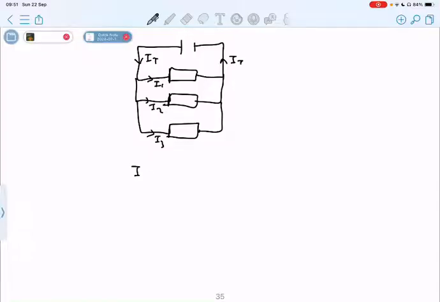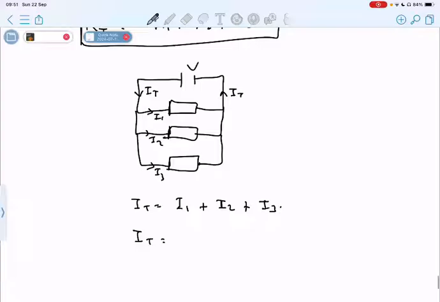So, what do we write here, okay? I total is equal to I1 plus I2 plus I3. And remember, the voltage of the battery in parallel is equal to the voltage across all the loops. So the voltage is all the same, okay? And current I is equal to V over R. So V is equal to IR, the normal current equation.